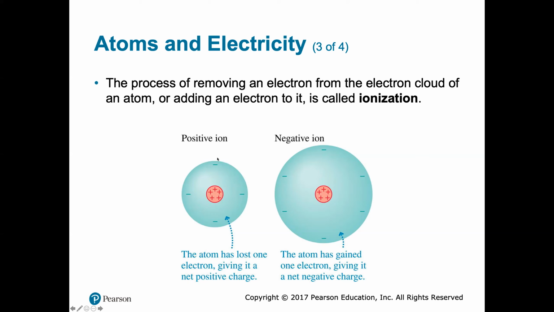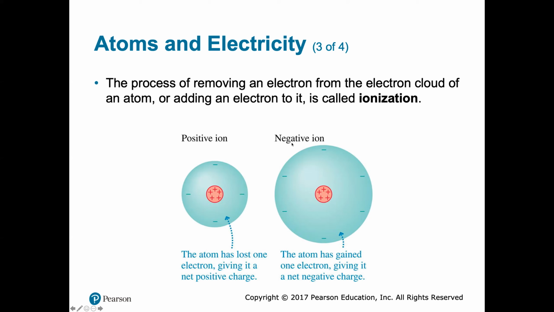It either gained some extra electrons or lost some electrons from a neutral atom. When it gains or loses electrons, it becomes an ion. Here is a positive ion, meaning the proton number is greater than the electron number.